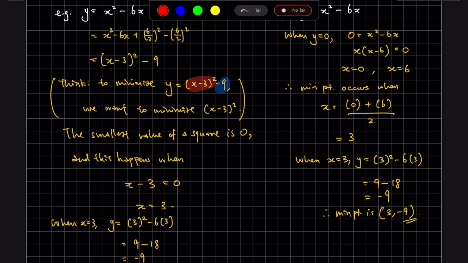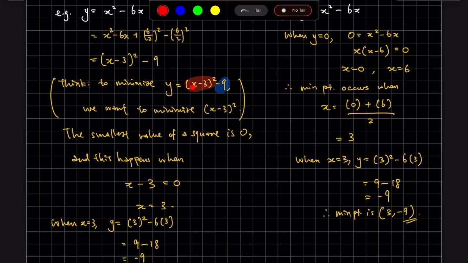So what is the minimum value for this square part? Any number squared will be a positive number, except 0. If I sub in some number to make sure that everything inside the bracket is 0, then this thing just becomes 0, and what's left is negative 9.